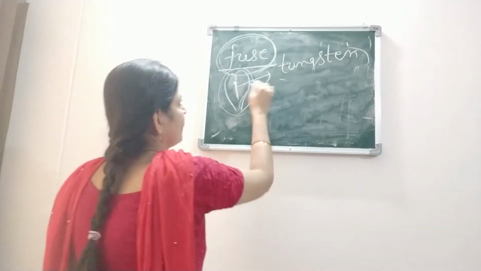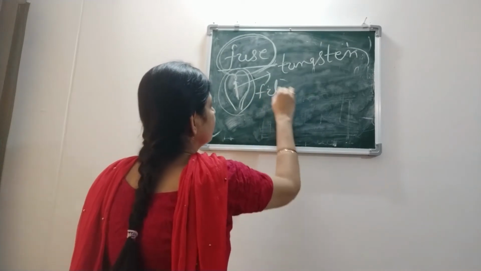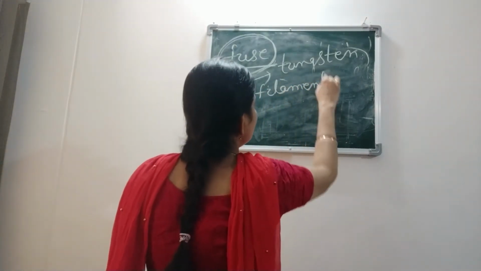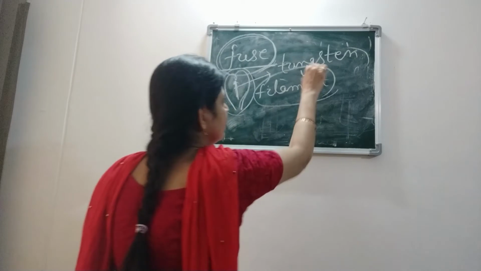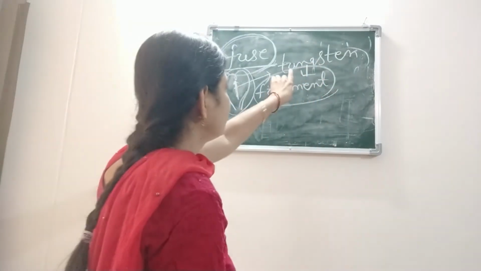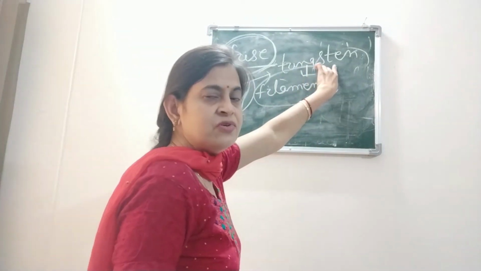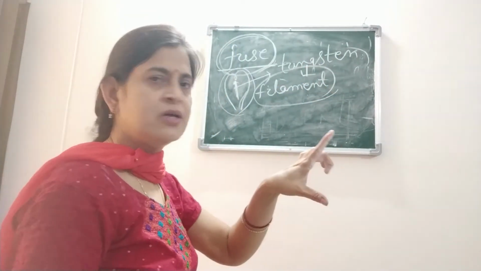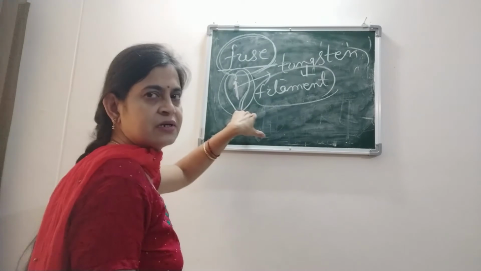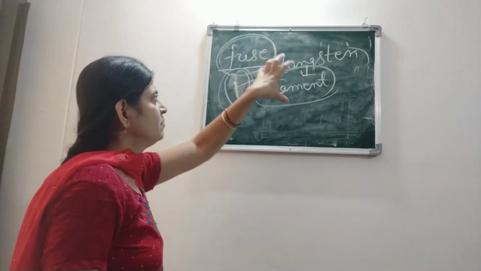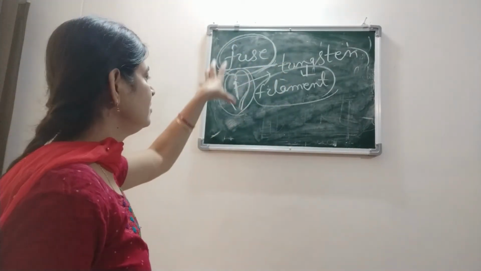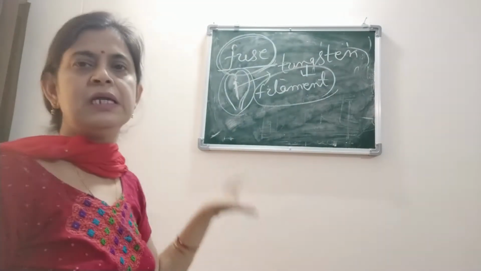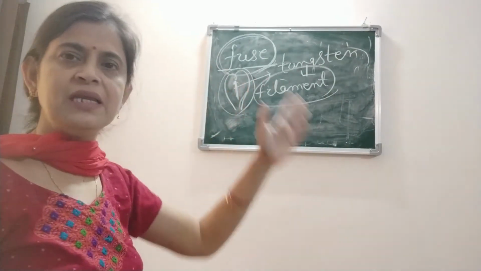But the filament will not melt because it is made up of the material tungsten, which has a high melting point. But we can observe the heating effect. So these are the appliances or situations where heating effect can be observed in our day to day life.